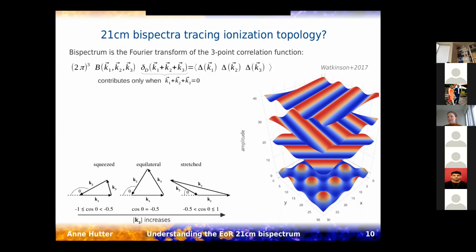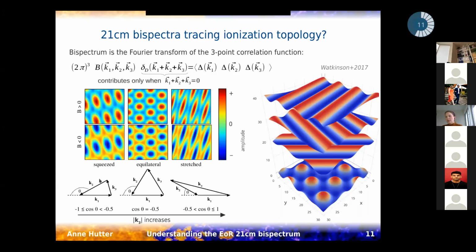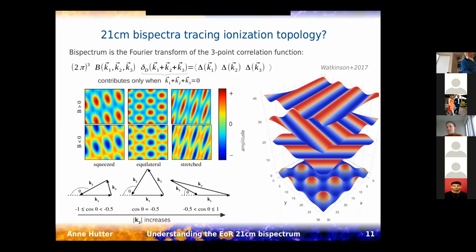Just to give you an idea of what the squeezed, equilateral, and stretched triangles look like, their fluctuations in real space are shown by the color-coded plot here. For the squeezed one, this results in filaments with an elliptical cross-section. Equilateral are filaments with circular cross-sections, and if you go to the really stretched triangles, you are basically probing planes.